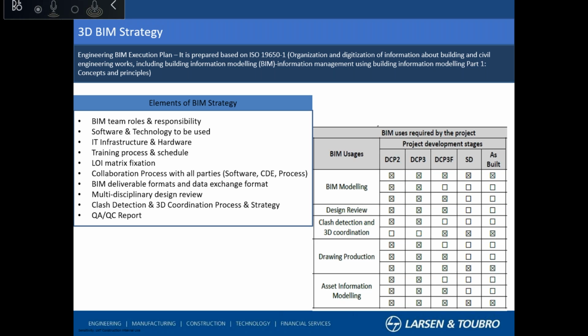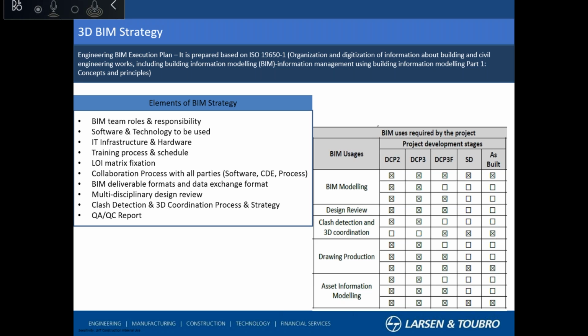And the final thing is the QA/QC report. Whenever we submit our model to the client, some benchmark data should be maintained, so QA/QC forms are well defined for how much should be there in the model, and that is to be checked by the BIM manager and submitted to the client. That is also defined here.